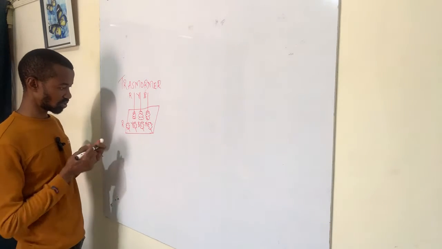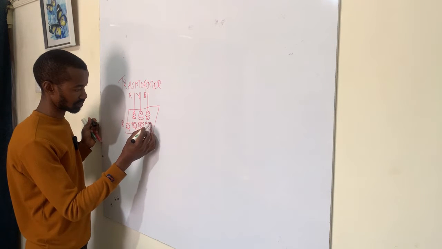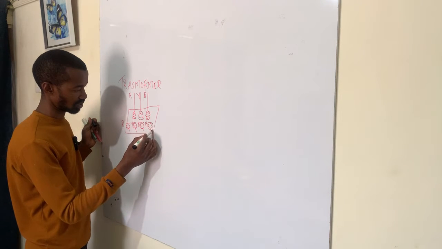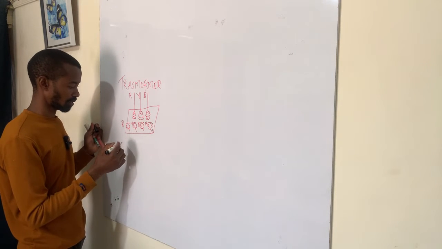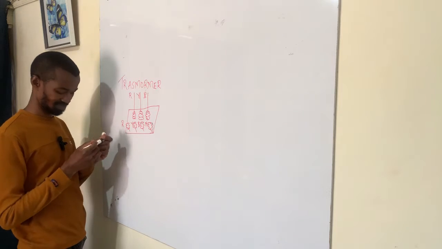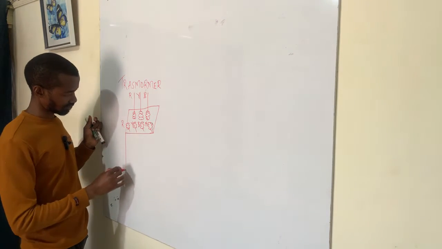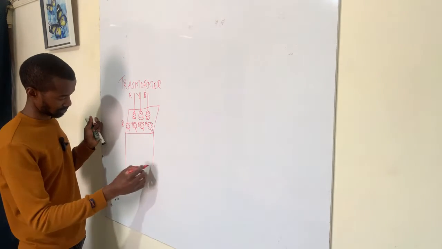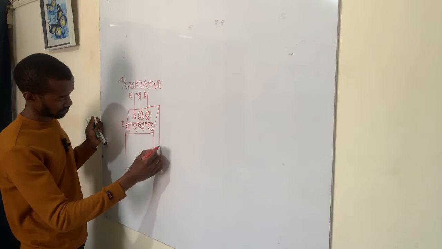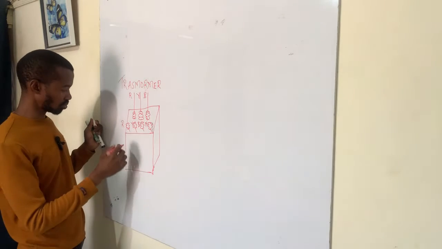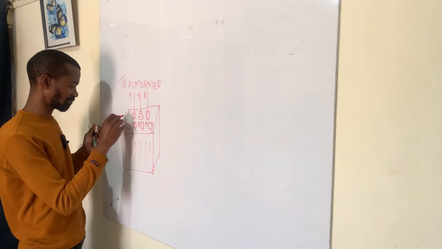So at least the neutral, because I have the black here. Let me see how I can have it. So this is the neutral, and this is now our transformer. I was not really good at drawing, so you'll have to forgive me.